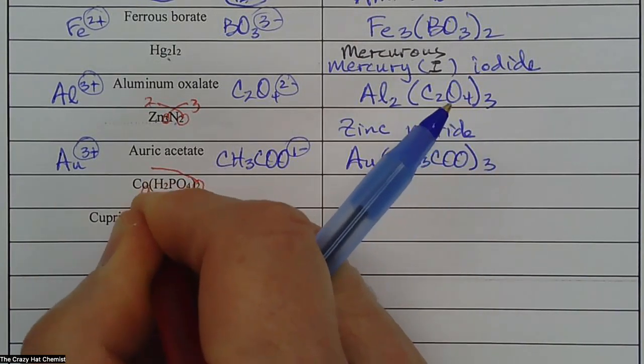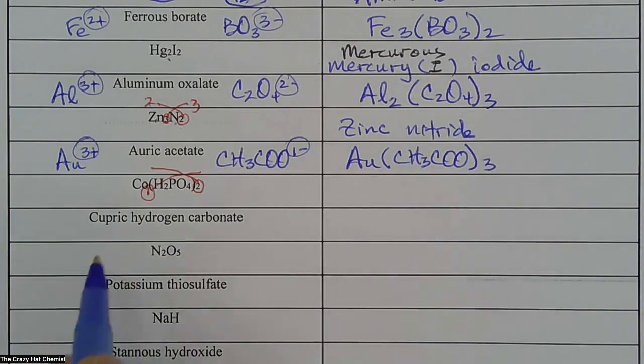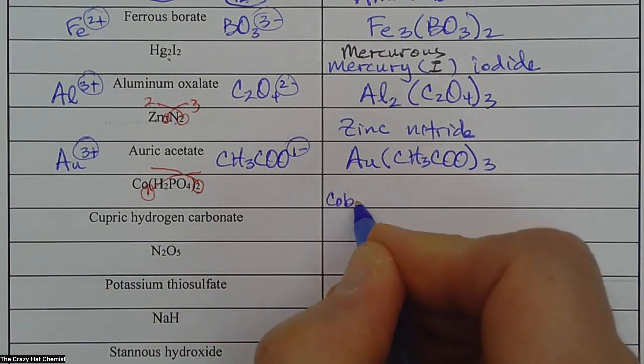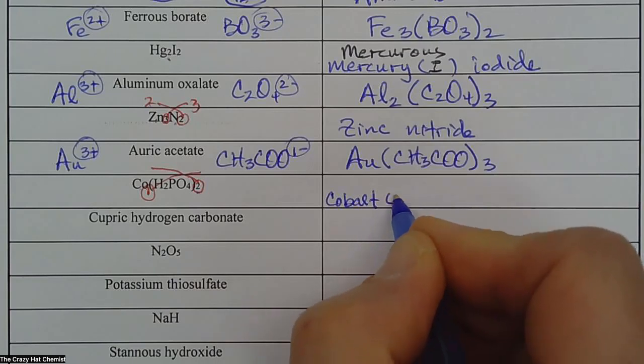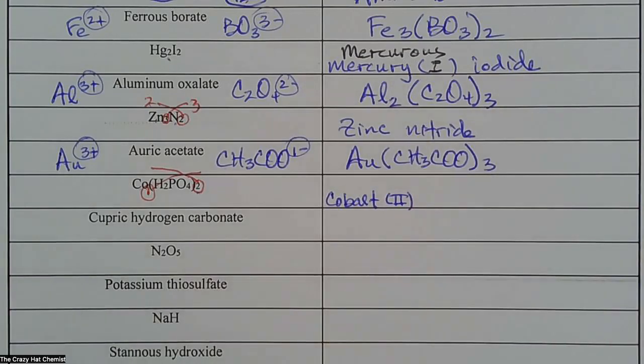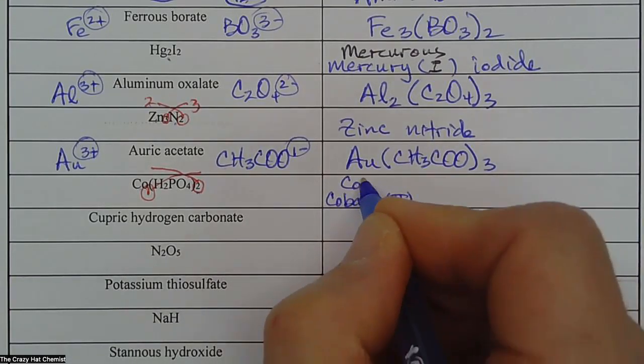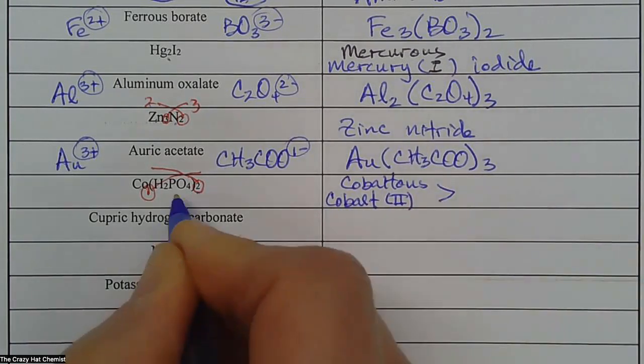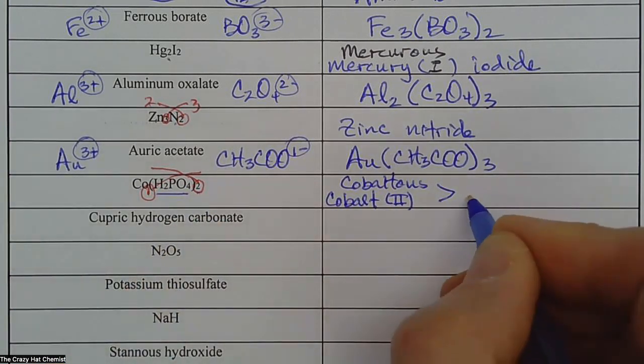All right, this next one here, I'm going to take that number, flip it, bring it up, and this number 1, flip it, bring it up, and this is cobalt, Roman numeral 2. It's also cobaltous. And then dihydrogen phosphate.